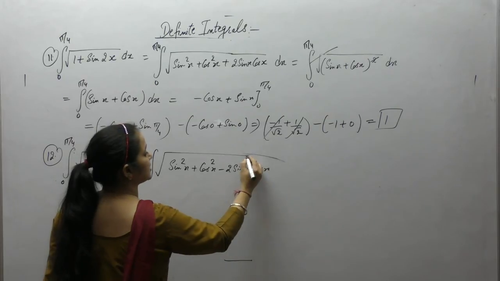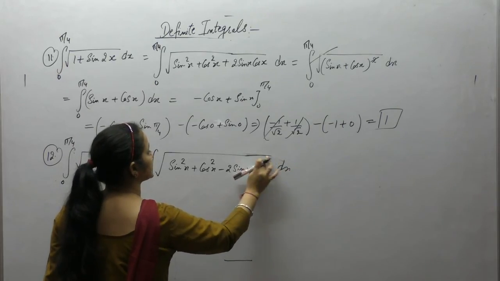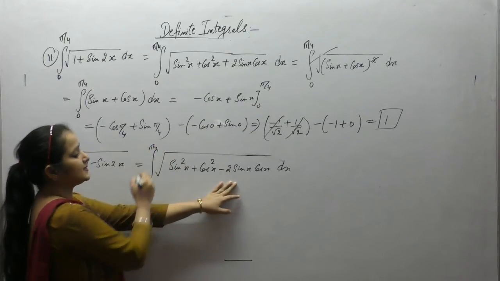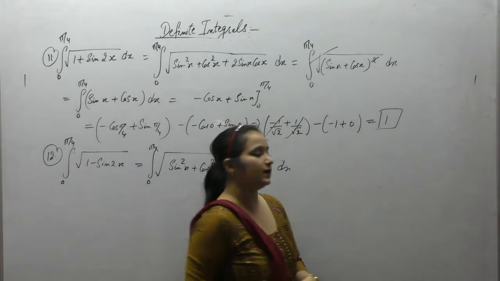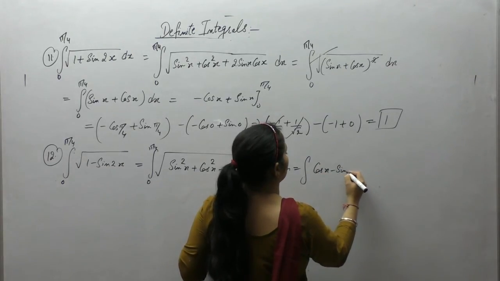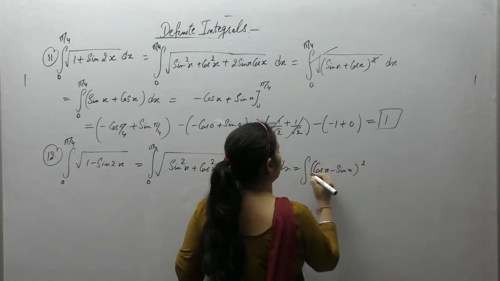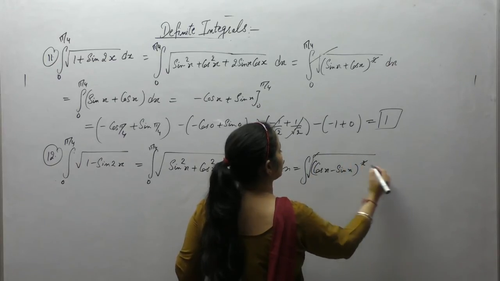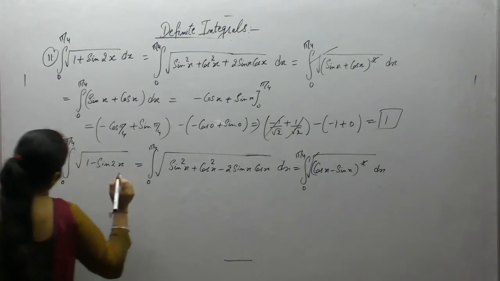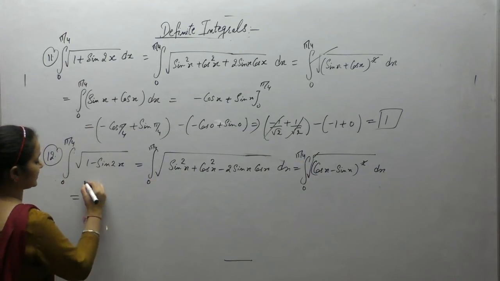Now which formula do we get here? a² + b² − 2ab is equal to (a − b)². The square and square root will cancel. The integral of cos x − sin x.